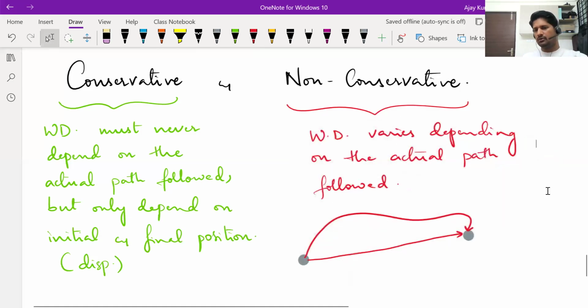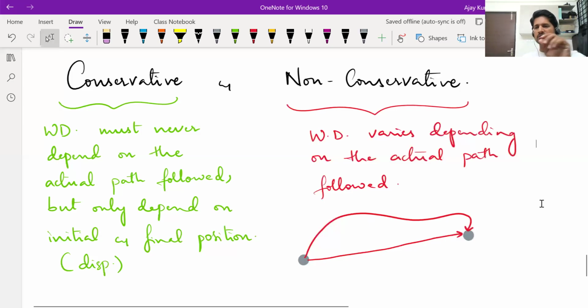So if you want to decide whether a force is conservative or non-conservative, you will have to choose a random path, find out the work done, and prove that the work done depends on initial and final positions, not on the actual path chosen. If you are able to prove that, it is conservative. If you find that you are not able to prove that, then it is non-conservative.